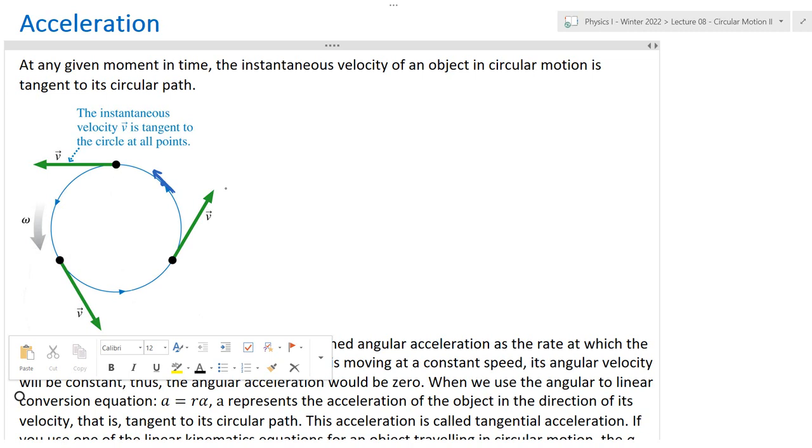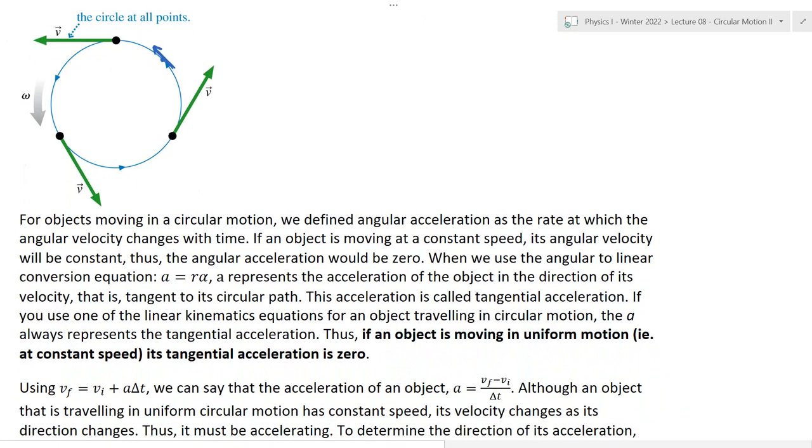The direction keeps changing, but the speed itself is constant because speed is a scalar and doesn't include direction, so the magnitude of each of those vectors is equal. But since the direction keeps changing, the velocity is not constant.